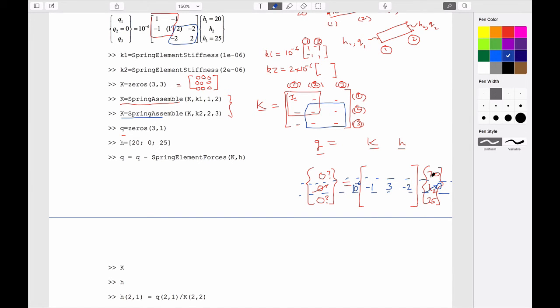So it'll give us 20 times minus 1, subtracted off the left-hand side. It'll give us 0 times 3, subtracted. And it'll give us 25 times minus 2, subtracted. And that'll be the terms on the left-hand side. This term is 0, so it doesn't get carried. And so what we've done is we've correctly made the Q vector the right way it is.